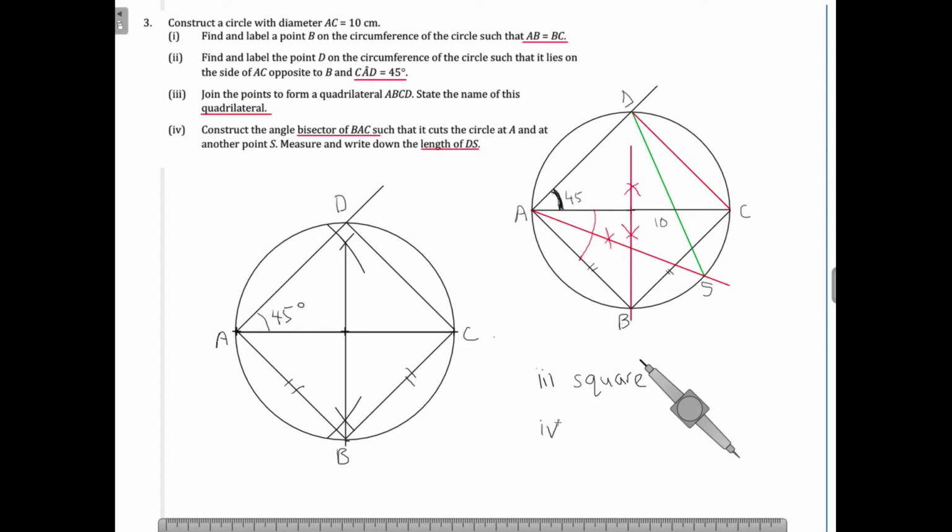And next, we have to bisect BAC. Bisector of BAC. So once again, to bisect an angle BAC, the angle is at A, so we bring the compass to the point A and draw an arc using A as the center.